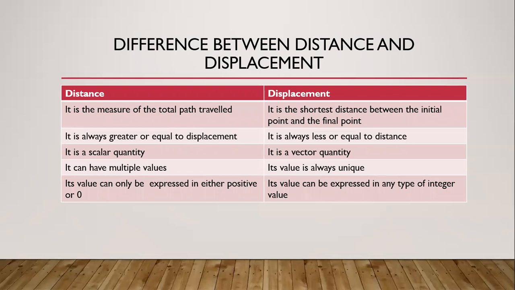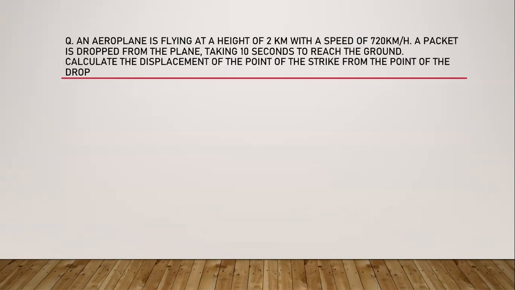Distance can have multiple values, like going from A to B, it can go this way or this way. But the displacement will always be equal, so it always has a unique value. Distance can only be expressed as positive or zero, and displacement can be expressed as any type of integer value.